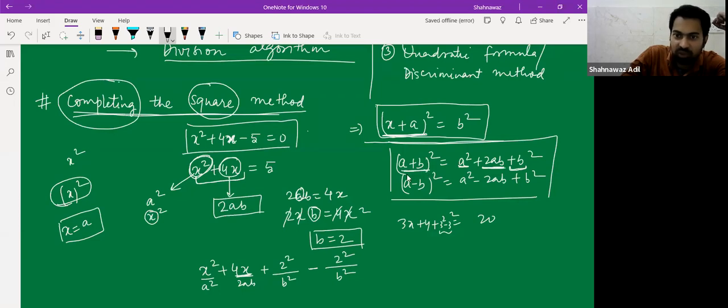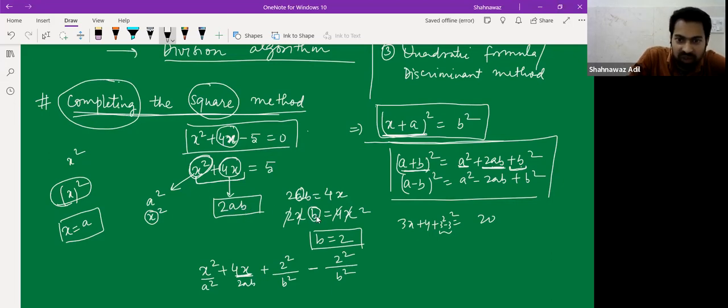To make it a complete square, we have to assume this is 2ab, because you have this term, this term, this term as your complete square. So in the completing the square method, we always assume the x term as 2ab, and then we find b.